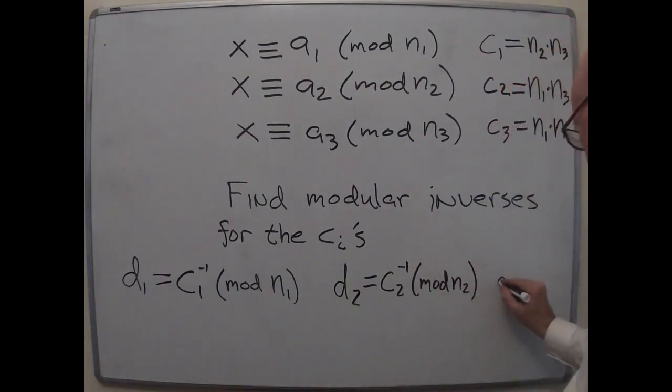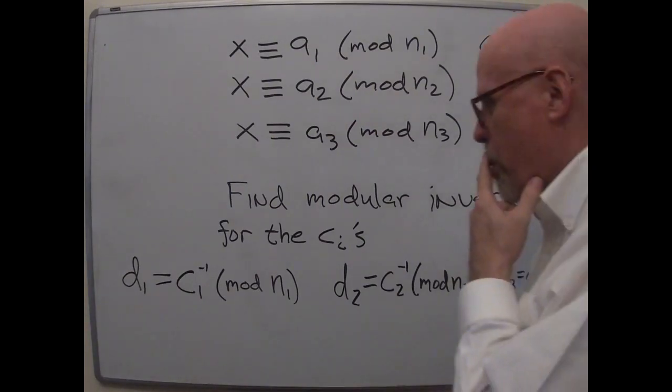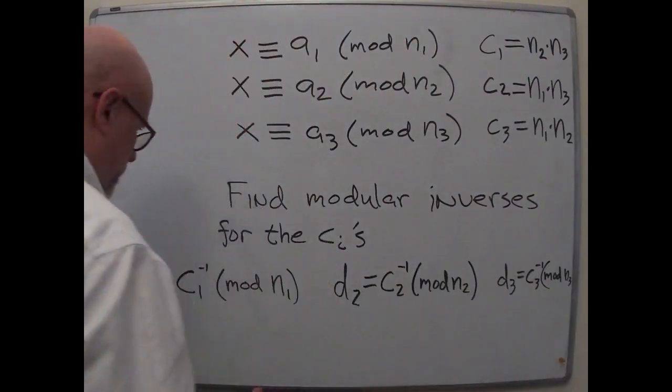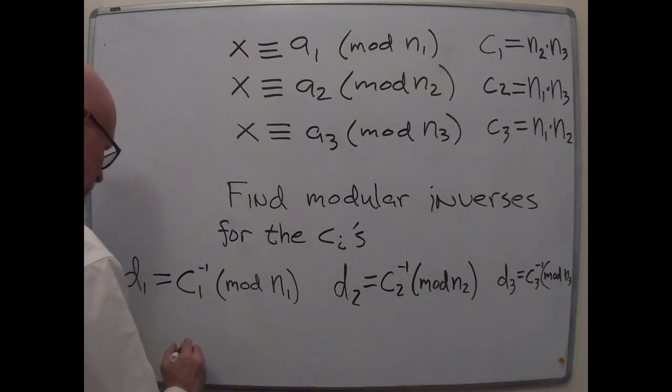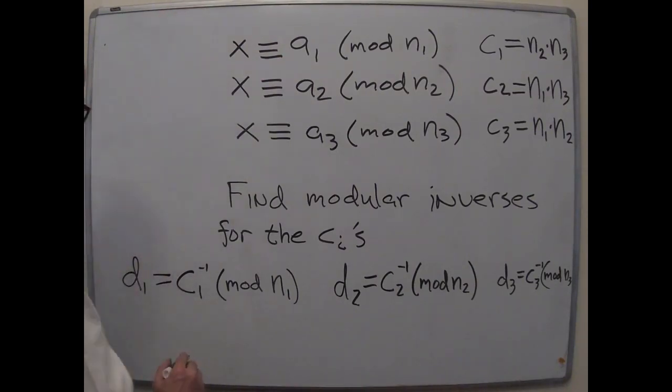And I'm running out of space. Let me write really tiny. D3 is equal to C3 inverse mod N3. Just barely fits. Okay. So why do we do that? Because these numbers, the D's and the C's and the A's, give us exactly the right stuff to build a number that solves these congruences.